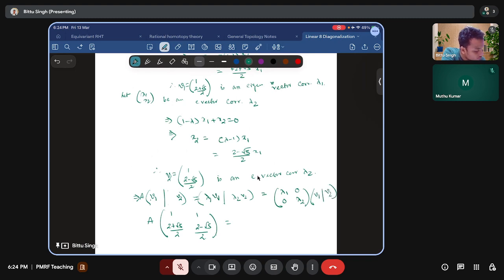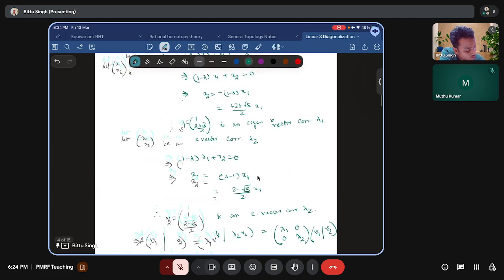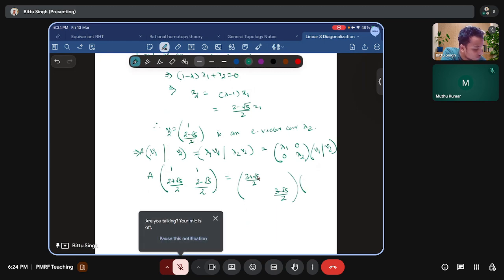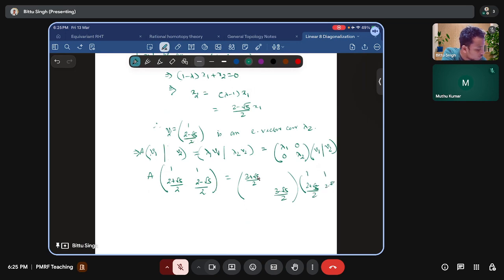Note that if you multiply those two things, you will again get this kind of matrix. So lambda 1 is (3 plus root 5) by 2, lambda 2 is (3 minus root 5) by 2, and now v1 v2.